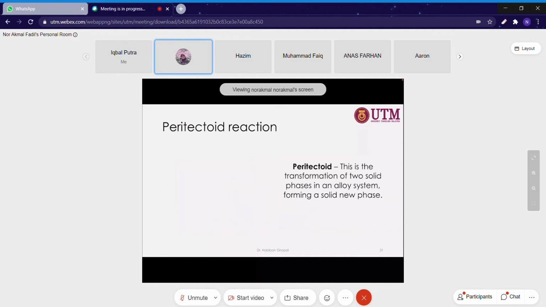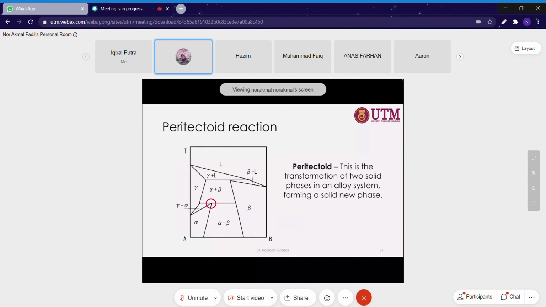So peritectoid, this is the transformation of two solid phases in an alloy system, forming a new solid phase upon cooling. So for example, like just now we talked about solid delta becoming an epsilon.